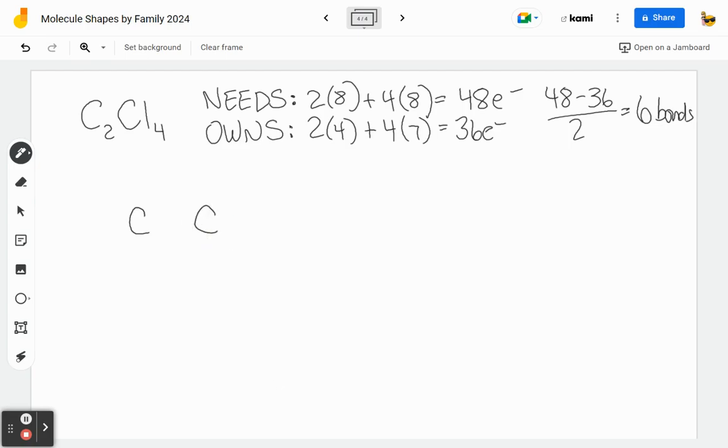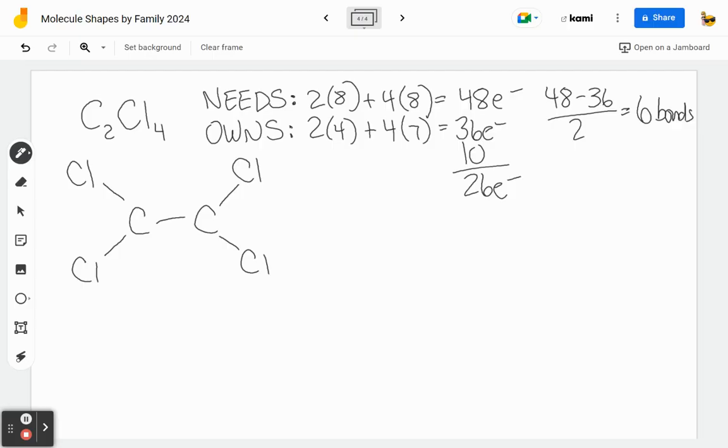Both of the carbons are going to be central atoms. Halogens, just like hydrogen, are dead ends, so they're going to be put on the outside. Let's bond them together, and I get 2, 4, 6, 8, 10 electrons I've used. I have 26 left over.